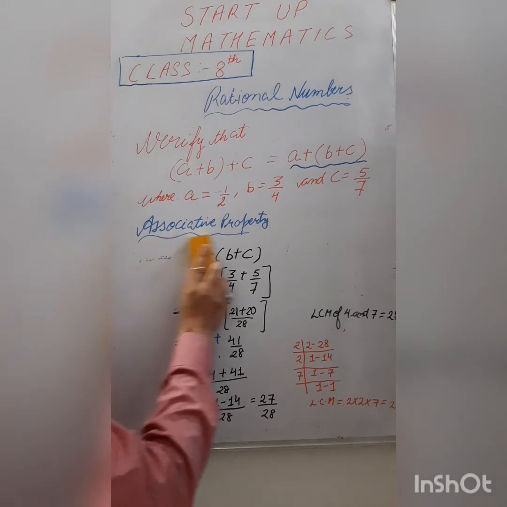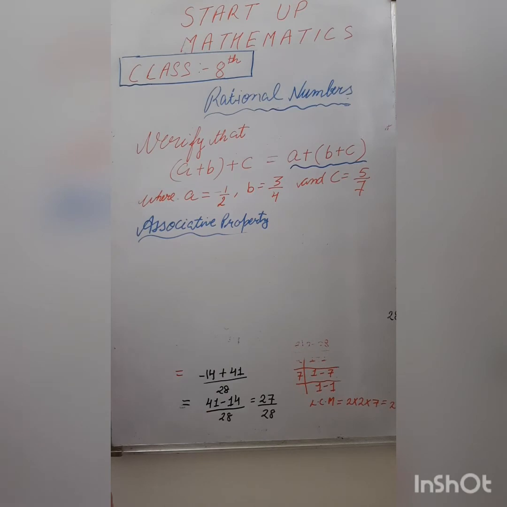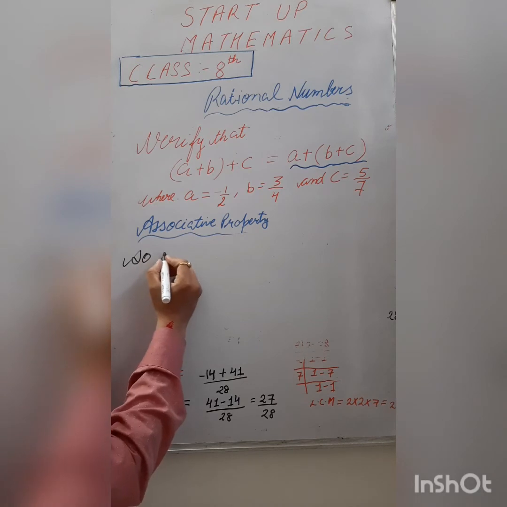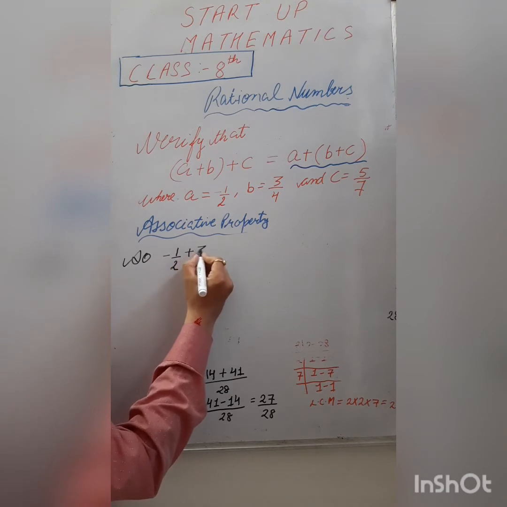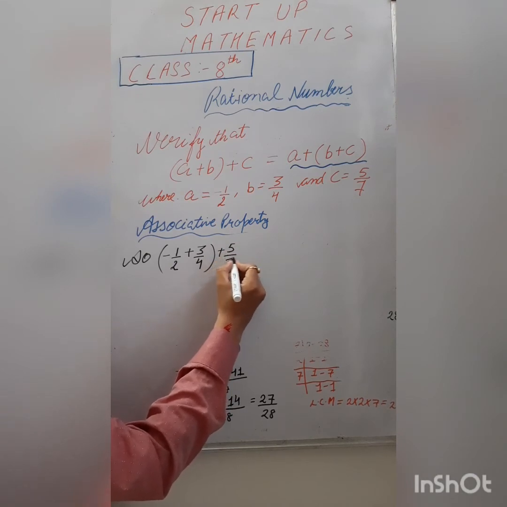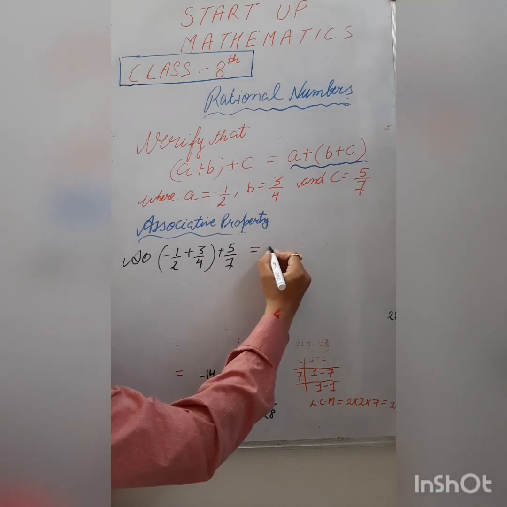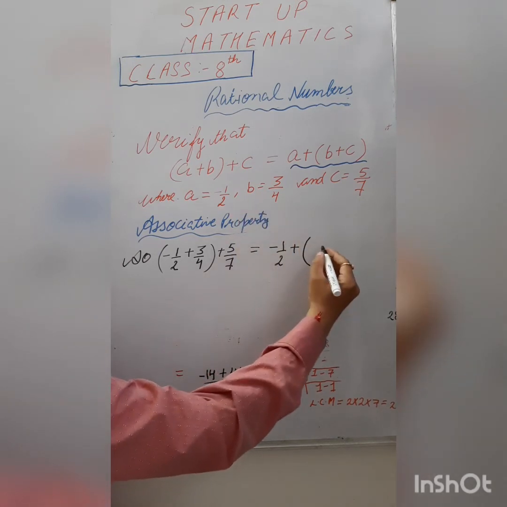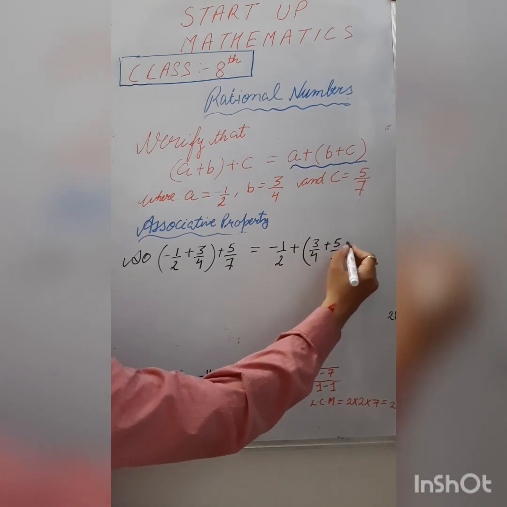So you can write this one. -1 upon 2 plus 3 upon 4 in the bracket plus 5 upon 7, this order is equal to -1 upon 2 outside the bracket plus, by grouping the two rational numbers, 3 upon 4 plus 5 upon 7.